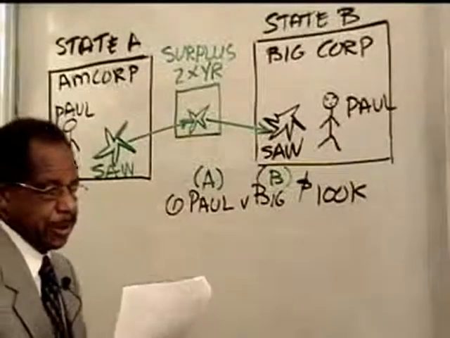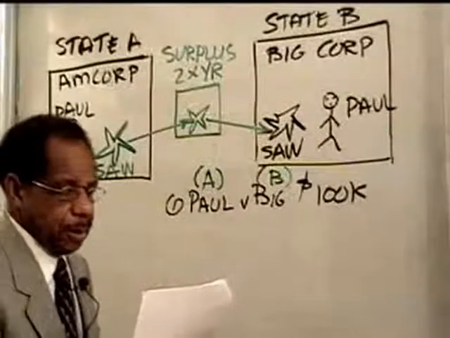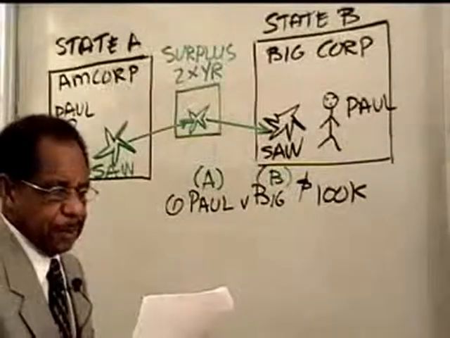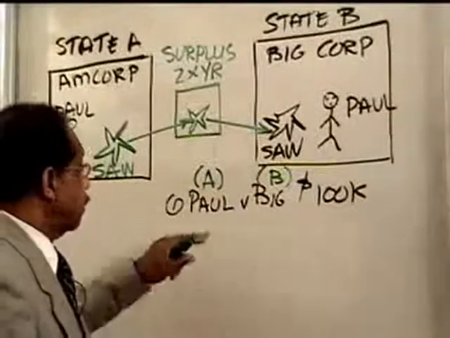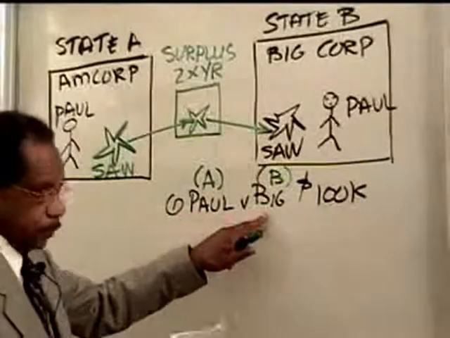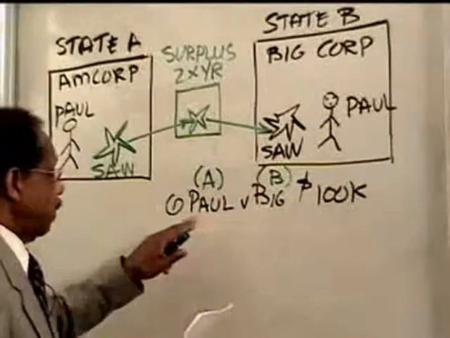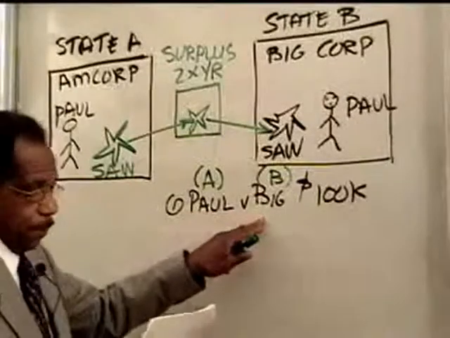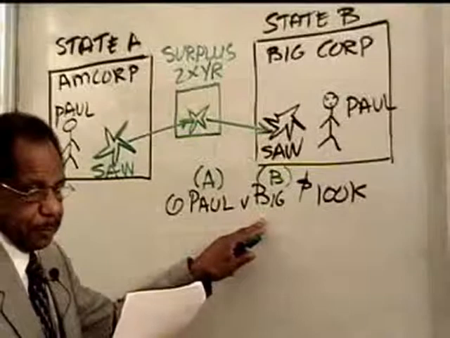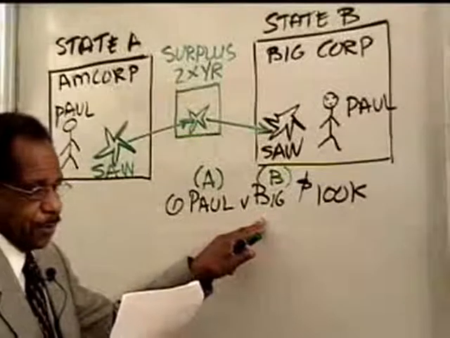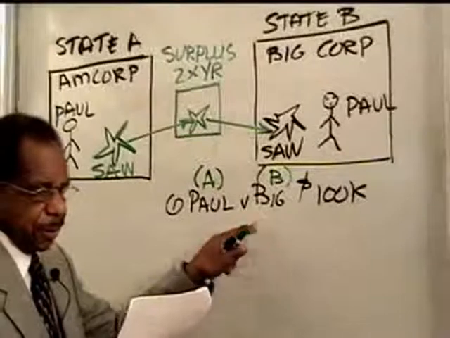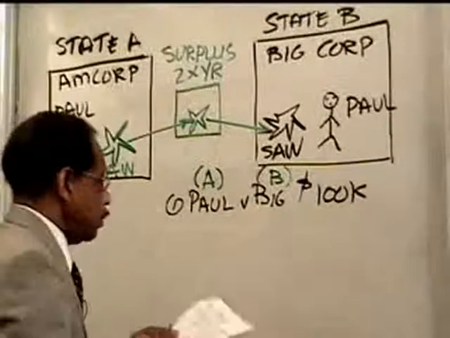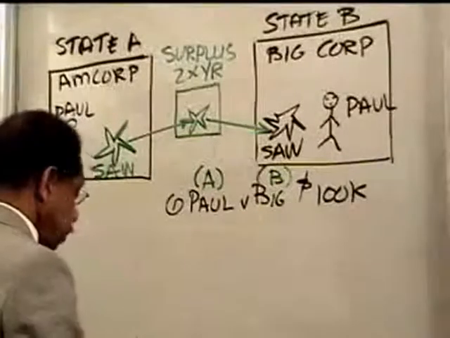Continuing at line 16, Paul sought leave to amend his federal complaint to name Amcorp as a defendant. So Paul has sued BigCorp, and Paul wants to amend his complaint to add Amcorp. So let's see what happens. Line 17, BigCorp opposed the motion, claiming that such a joinder, well, let's put this on the board first and see what he's opposing.